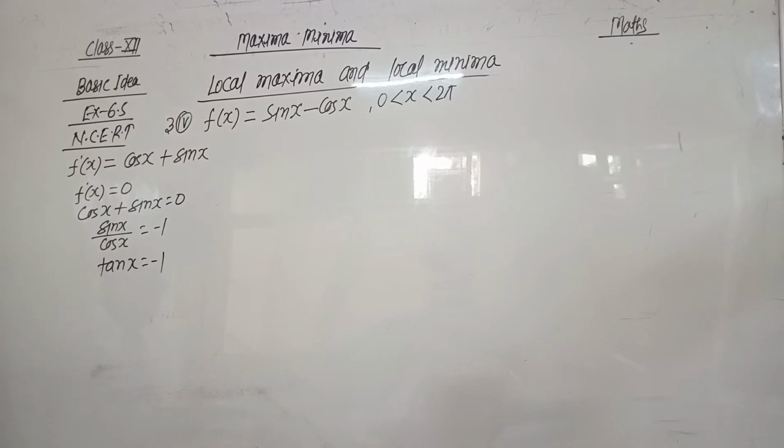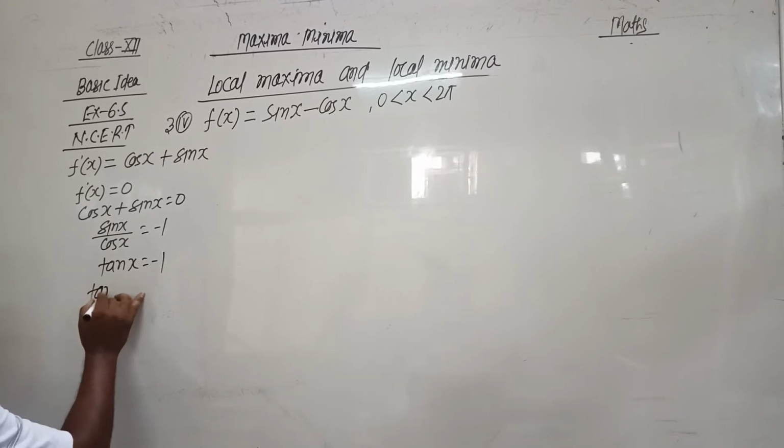We know that in the third quadrant the value of tan is positive, and in the first quadrant all the trigonometric ratios are positive. So its value lies in the second quadrant and the fourth quadrant.